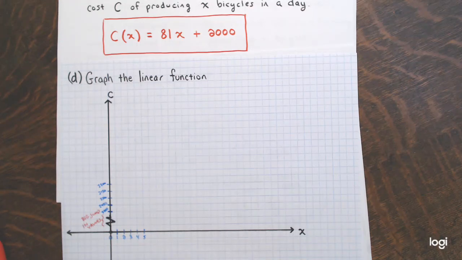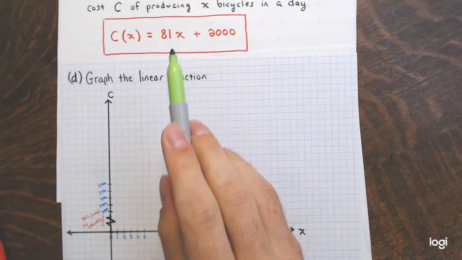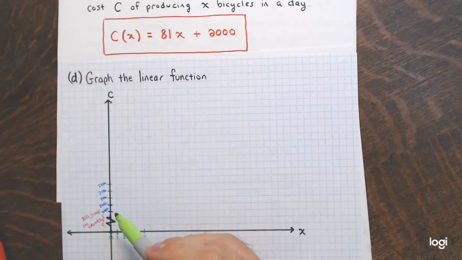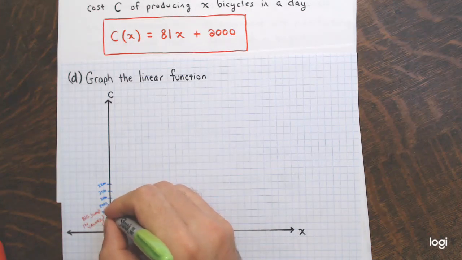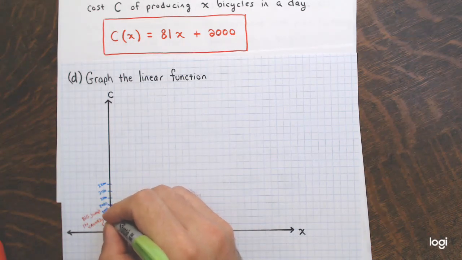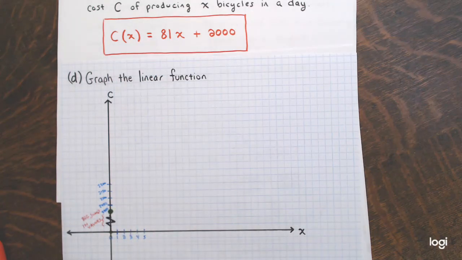All right. So now let's plot some ordered pairs. Plot some points, input and output relationships. So as I mentioned, if I made no bicycles, if X were 0, the output would be 2,000. It costs $2,000 to create 0 bikes, and let me label that ordered pair.